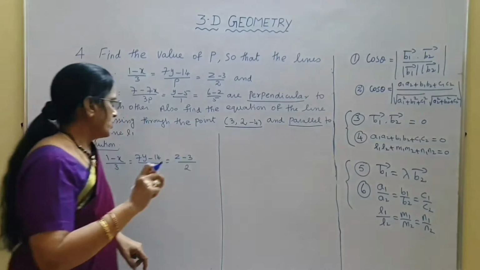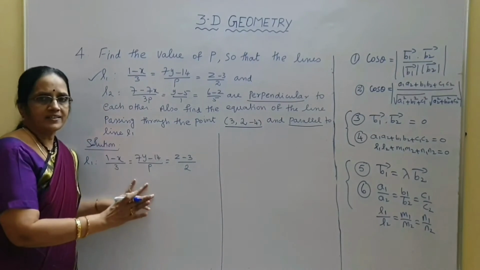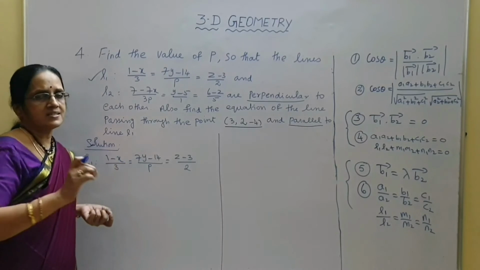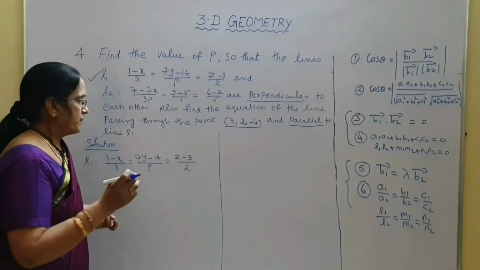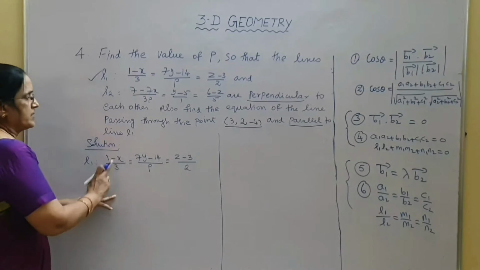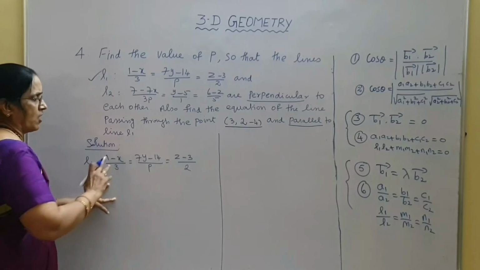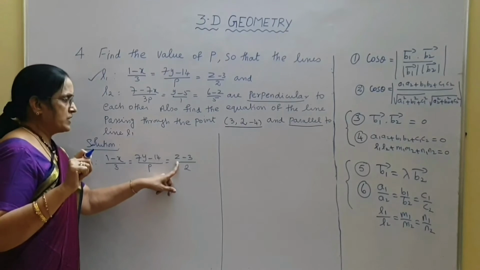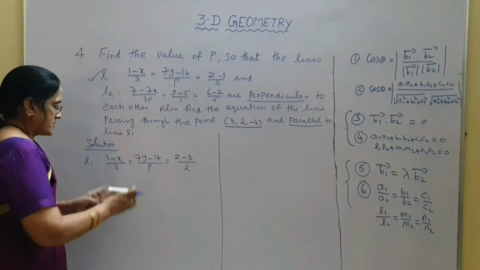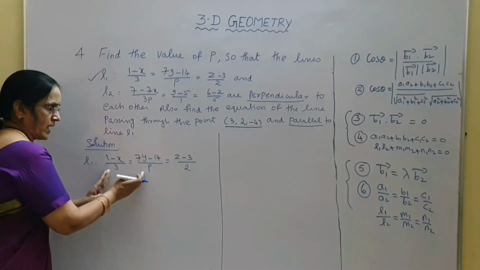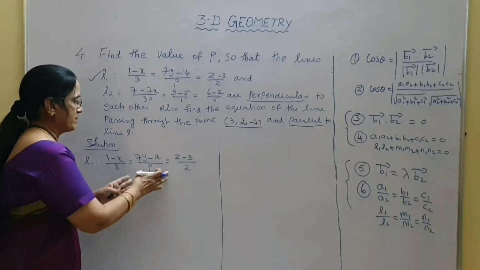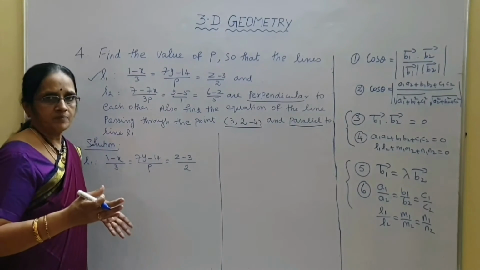And also I told you, straight away you can't write the DRs. You have to first check whether the equations are in standard form or not. If you see this first equation, coefficients of x, y are not 1. Of course, coefficient of z is 1. Since here the coefficients are not 1, you have to make it 1. Only then this equation will be in standard form.